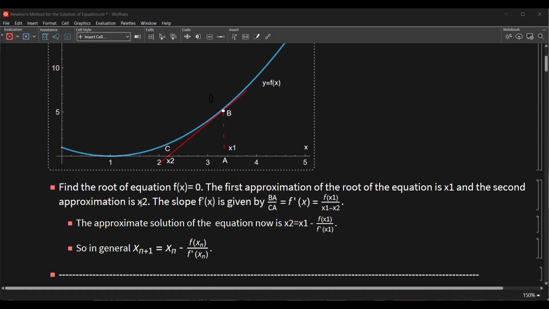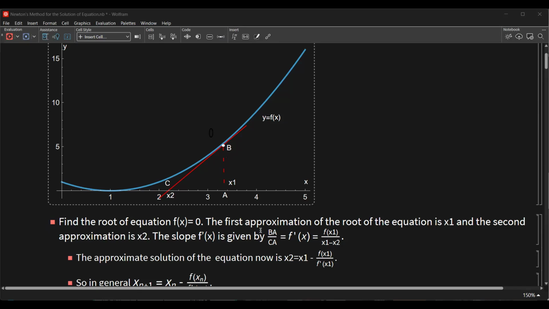Okay, so find the root of equation f of x equal to 0. The first approximation of the root of the equation is x1, and the second approximation is x sub 2. The slope f prime of x is given, from the figure, by BE over C equal to f prime of x, so that is equal to f of x1 over x1 minus x2.